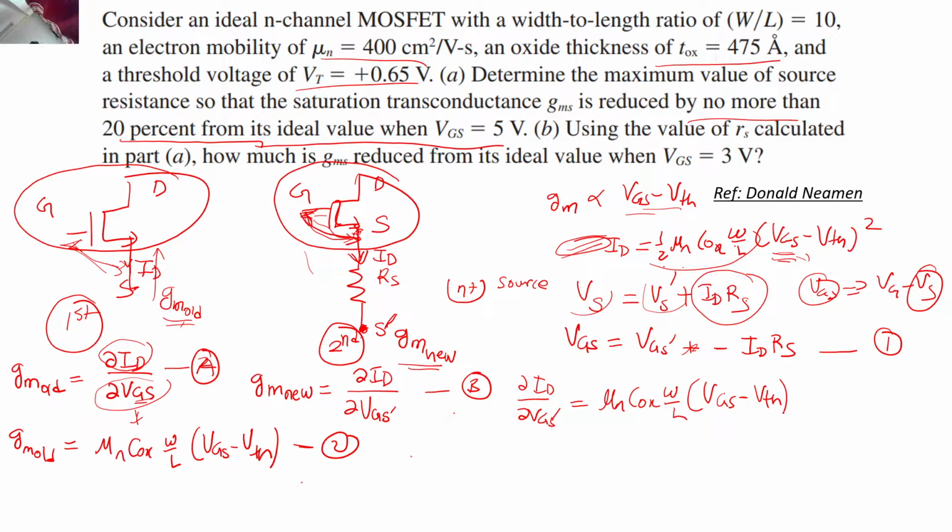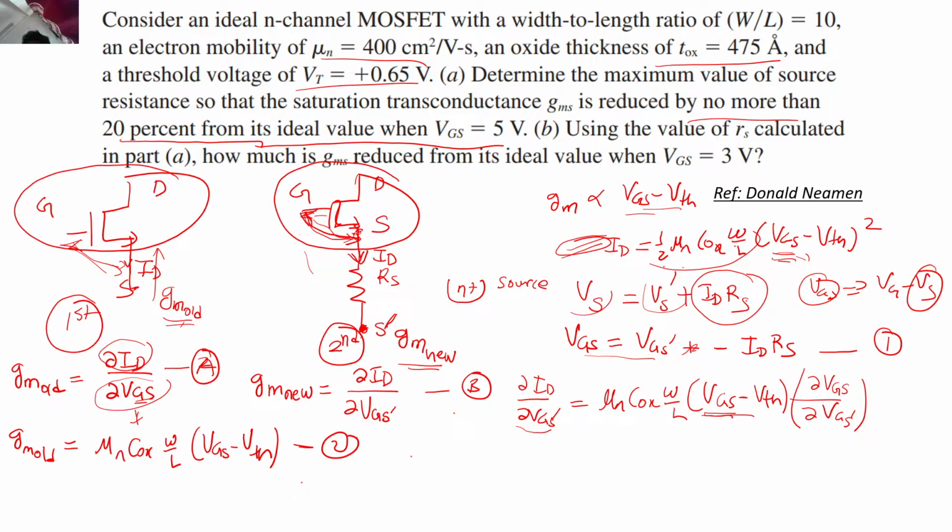Now I have to carefully check: I'm differentiating with respect to VGS dash, but there is VGS present, and I have a relation between VGS and VGS dash. So I have to take the derivative of this bracket itself. VTH will not vary with VGS dash, so it will be dou VGS divided by dou VGS dash, correct?